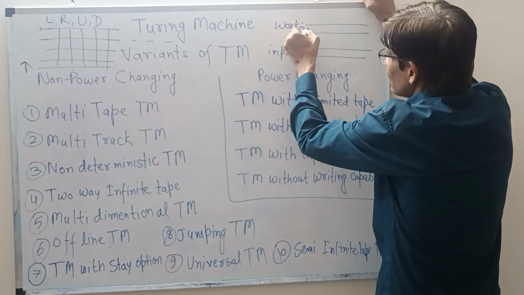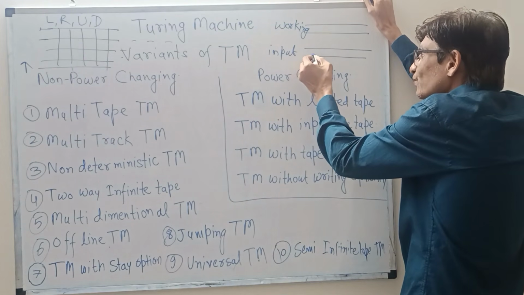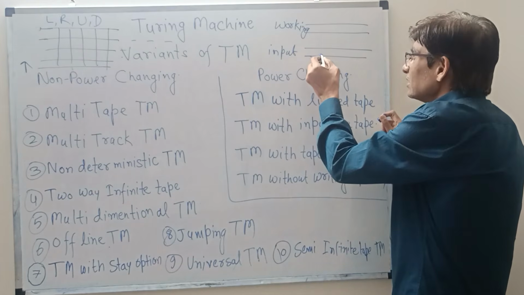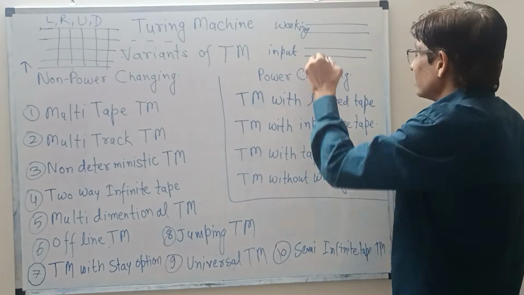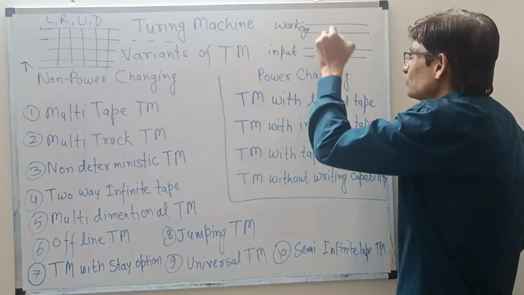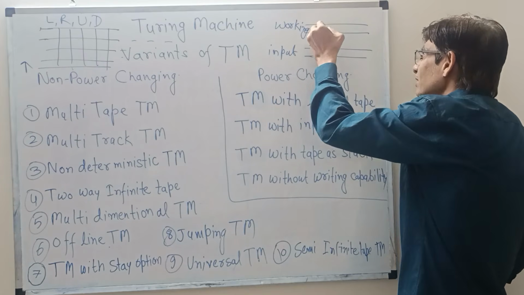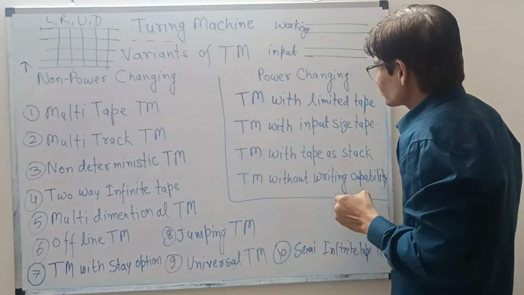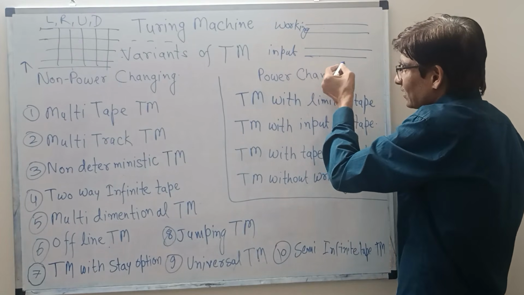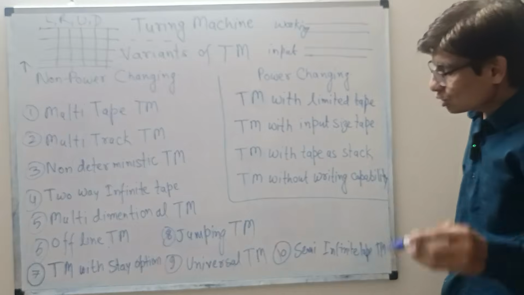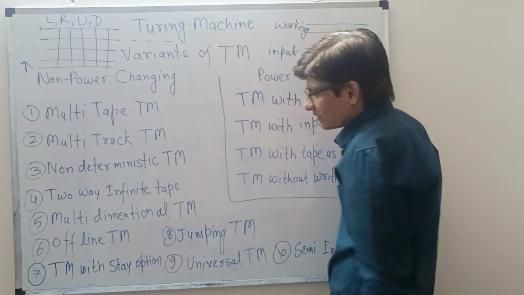You can read input from the input tape, which means this tape would be read-only. And as this is the working tape, you can read as well as write on this tape. So this is known as the working tape, and one separate tape for input is there. This kind of machine is known as an offline Turing machine.